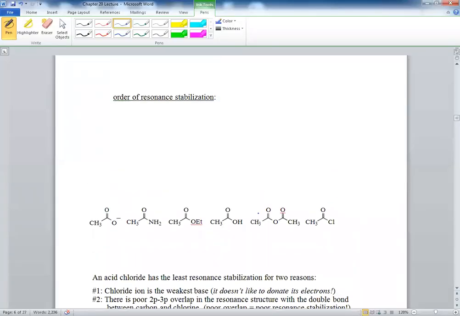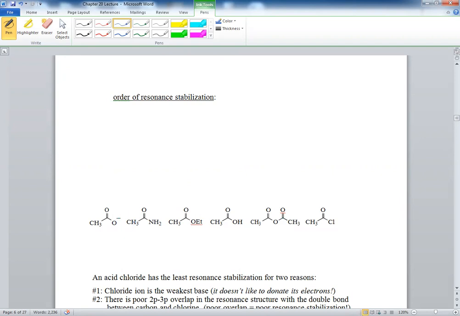I'm going to choose one and draw a couple of resonance structures. Here we have all of these carboxylic acid derivatives, where in this case Z is O, NH2, OEt, etc., and of course Cl.